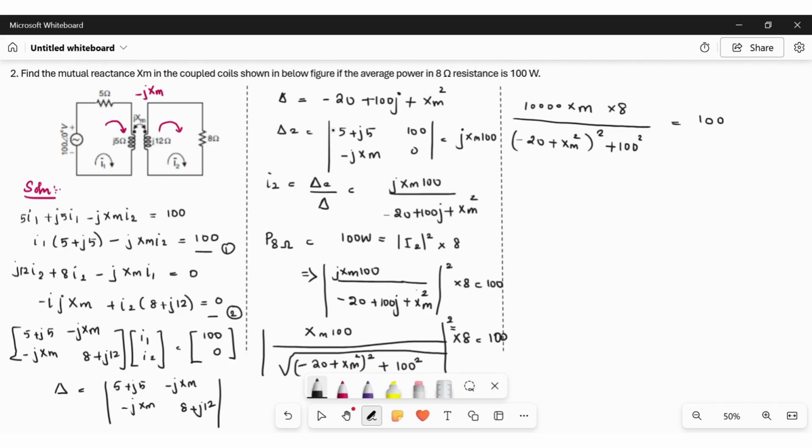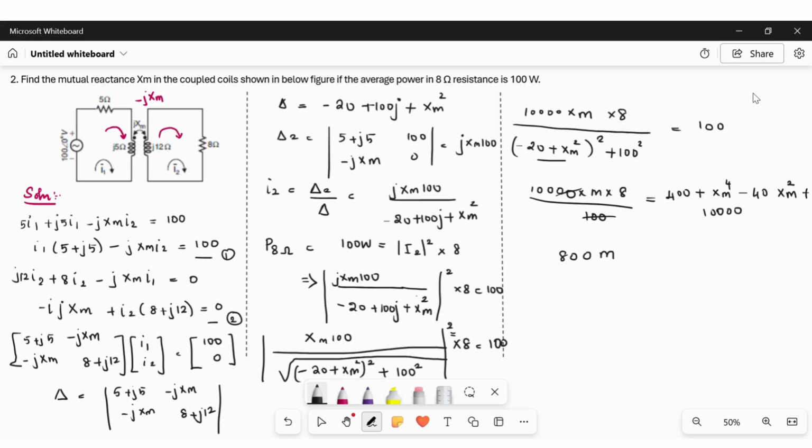Now cross multiplying and simplifying, we will get 10,000 XM square into 8 divided by 100, which is equal to, expanding this, 400 plus XM power 4 minus 40 XM square plus 100 square, which is 10,000.